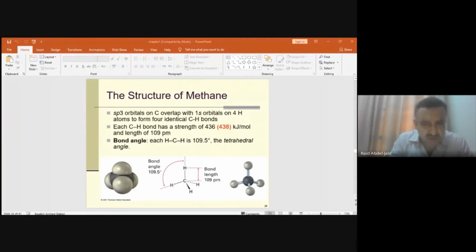Which orbital does hydrogen always use in the bonding, in the overlap of the covalent bonds? Which orbital does hydrogen always use? Yes, it is 1s. There is nothing more. That's why the only atom in the whole periodic table which does not need hybridization is simply hydrogen.